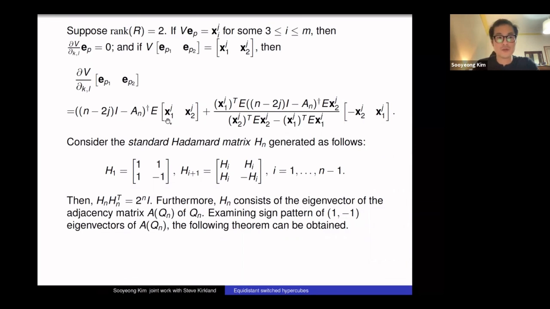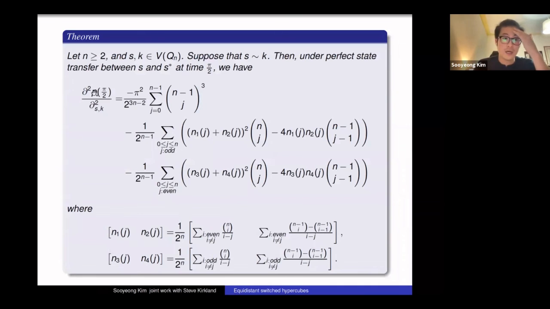So computing those things and then applying the formula, we have the following theorem, which gives the second derivative of the fidelity between S and S star at time pi over 2 with respect to the edge weight.